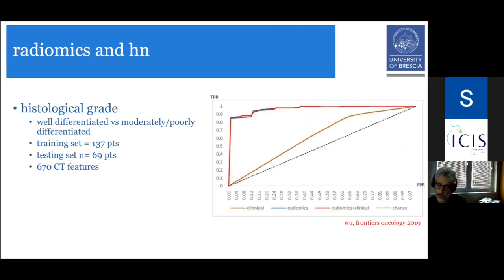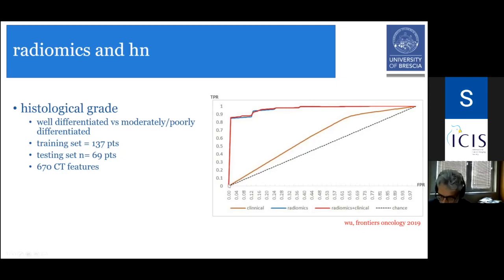For example, there is this work published in 2019 on the differentiation of the histological grade of squamous cell carcinoma. And in this work, well-differentiated squamous cell carcinoma was differentiated from moderately and poorly differentiated carcinoma on a training set made of 137 patients, with a testing set of 69 patients, with the extraction of 670 CT features.